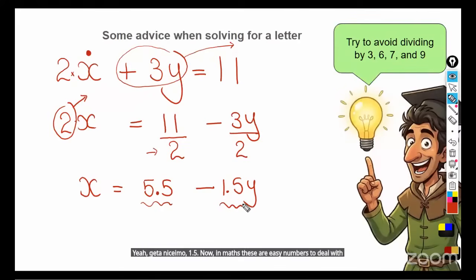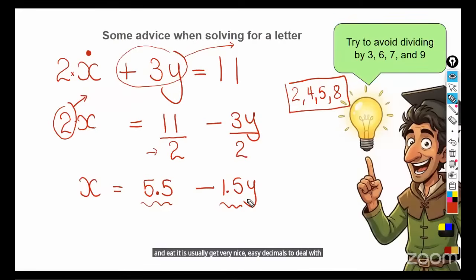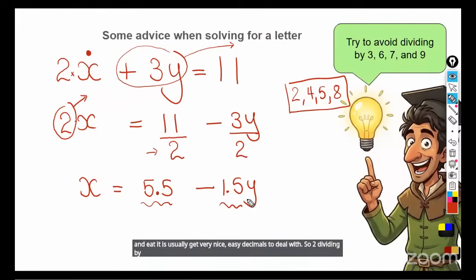In maths, whenever you're given choices, you want to make choices that make the maths easier. You see, when you divide by these numbers, like 2, 4, 5, right? And 8, you just usually get very nice, easy decimals to deal with. So dividing by 2, 4, 5, and 8 is usually a good thing in maths.